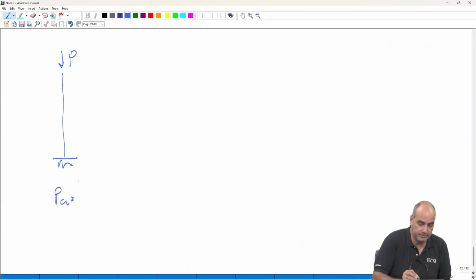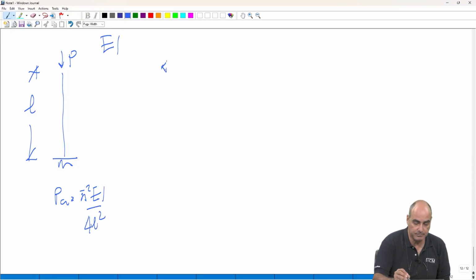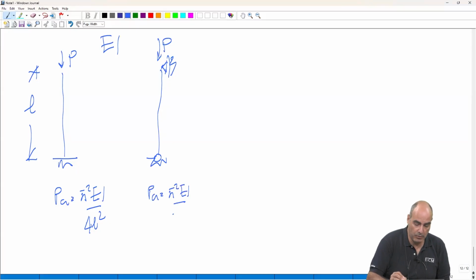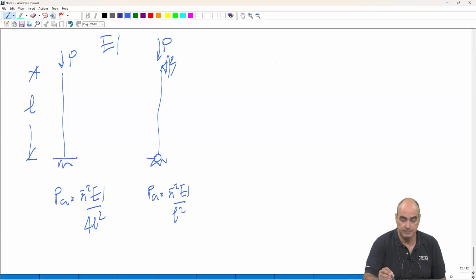P critical. This is always L, and EJ is the same. P critical is pi square EJ over 4L square. Then P critical, pi square EJ over L square.